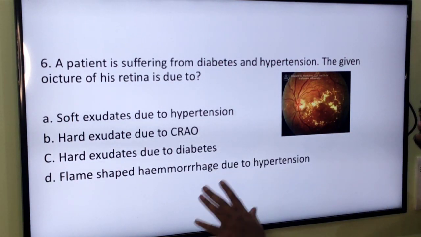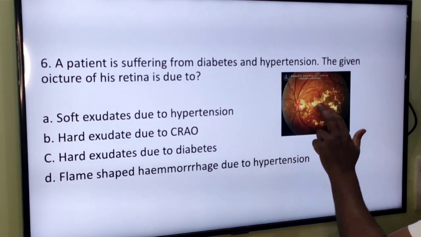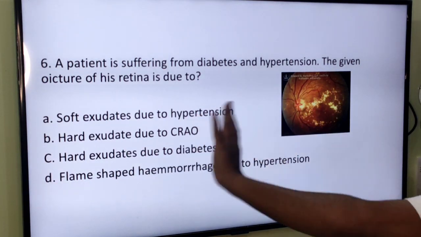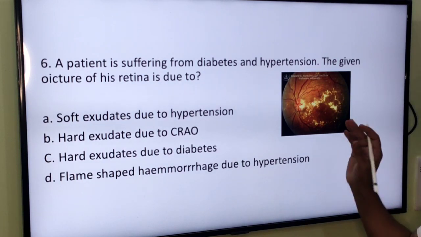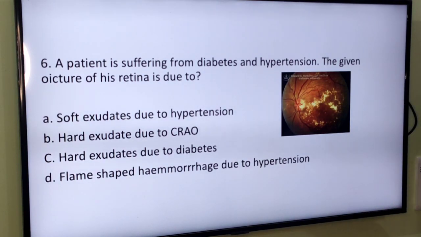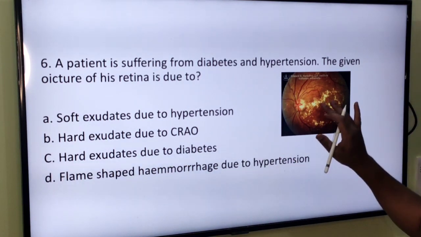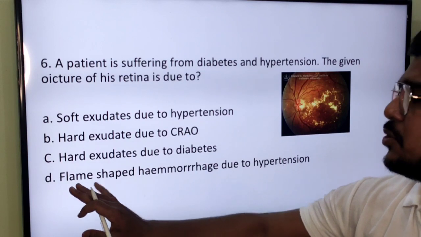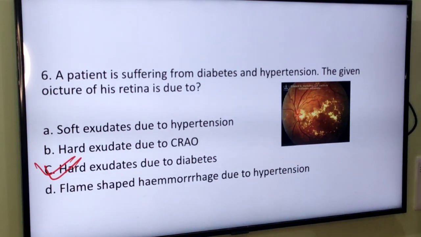This is not at all a soft exudate. It's a bright yellow color with a distinct border, and that's why soft exudate is ruled out. In CRAO, the color of the retina is normal, no cherry red spot, so obviously B is ruled out. Obviously this is hard exudates, and flame-shaped hemorrhage is not seen. So D is ruled out and C is our answer. Got it?